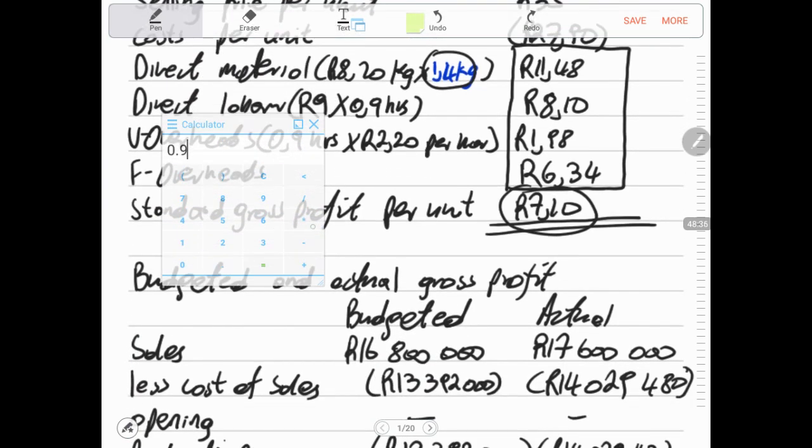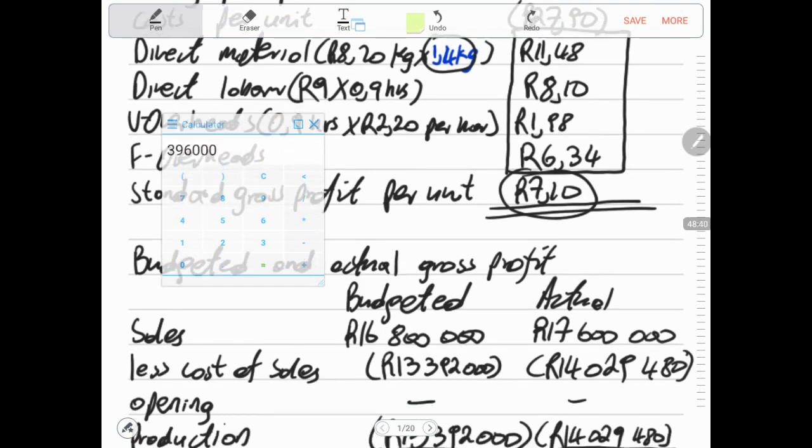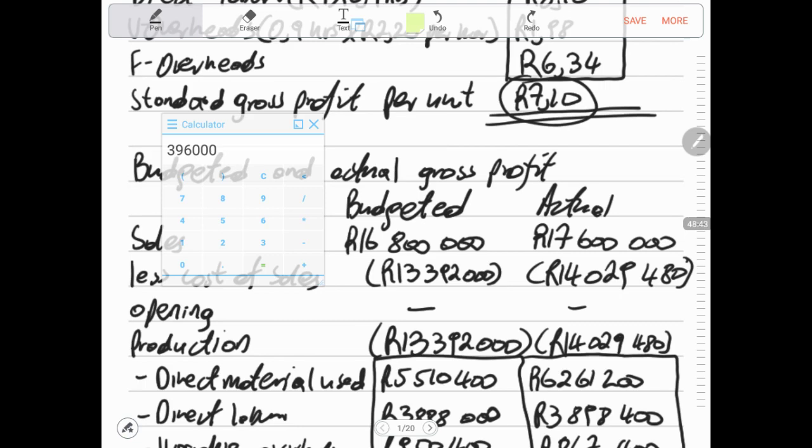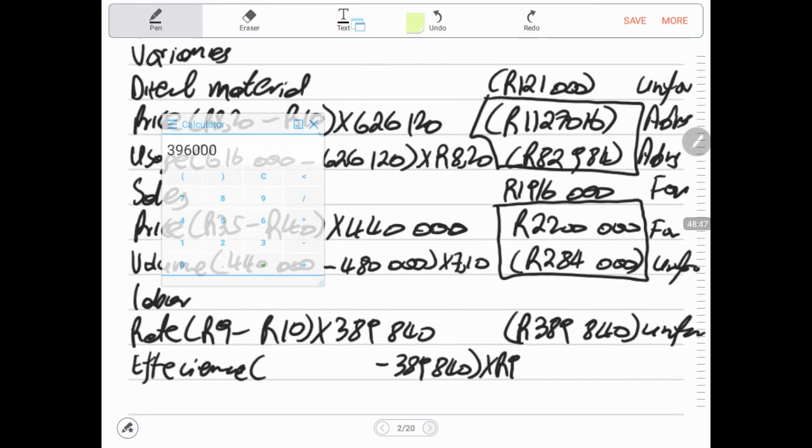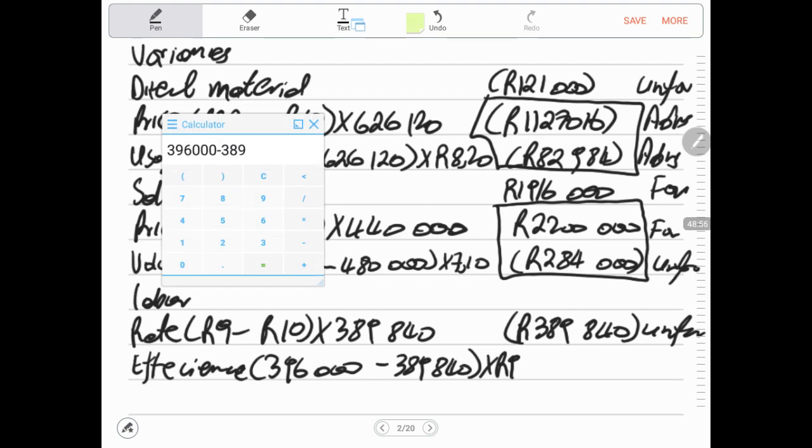Then we multiply this by the actual production, 440,000. Standard required times actual production gives us the standard hours in total, which is 396,000, minus the actual hours of 389,840. Then we multiply this by 9 rand, and we get 55,440.